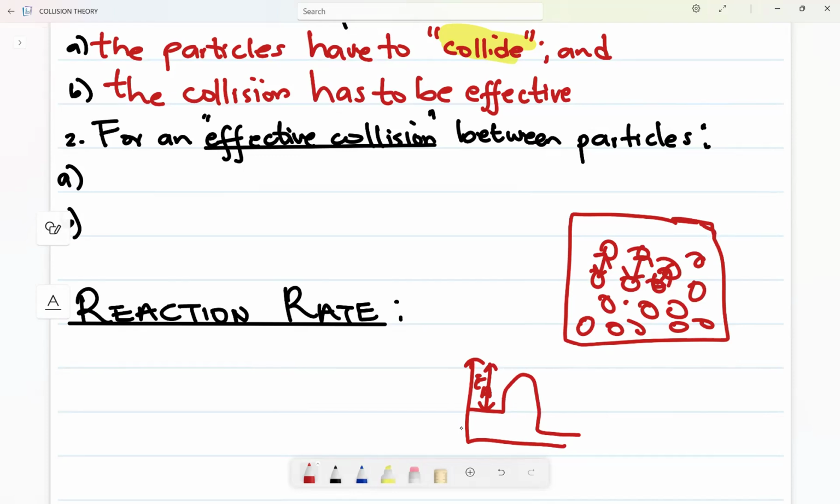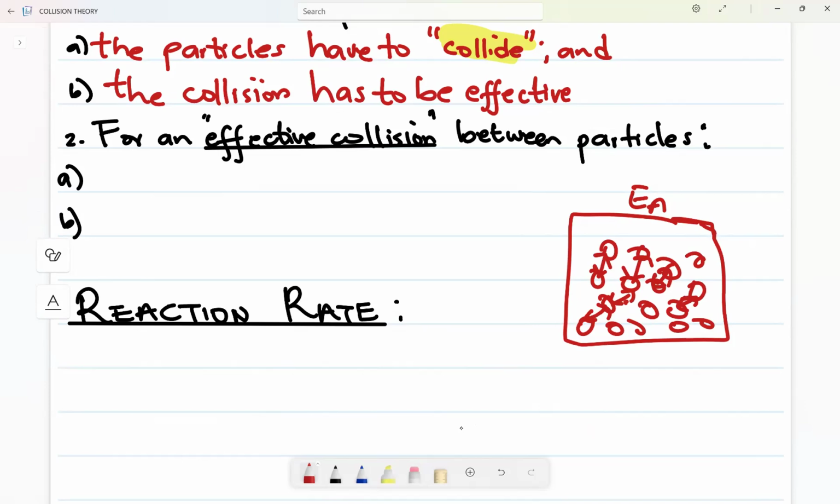Remember, these inside here, they have EA, the activation energy, the energy that is needed for the reaction to occur. But now we need more of the kinetic energy. We need the kinetic energy to overcome this activation energy, so that they can collide effectively.